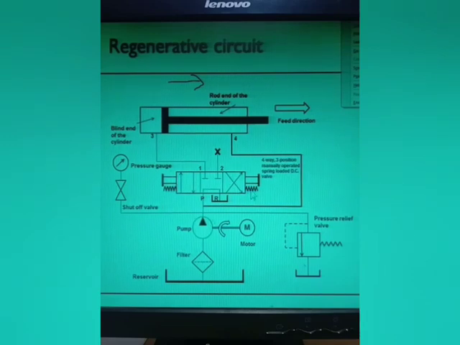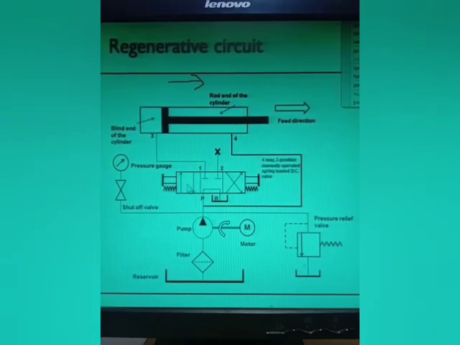So you have to push from this side or from this side. And we have the double acting hydraulic cylinder. So this is the actuator. As you already know, this end is known as the blind end of the actuator, and this end is known as the rod end of the actuator.